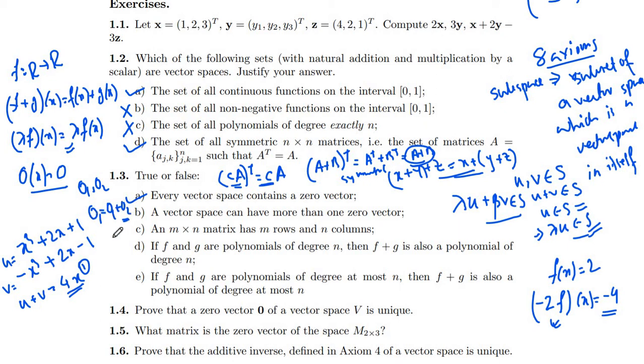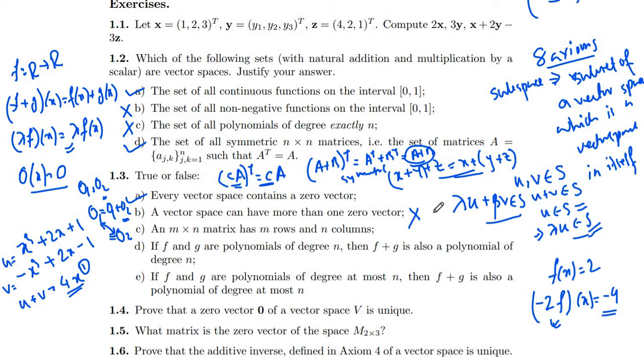It should be 0_1 only. But think about it. If I am adding 0_1 to 0_2, this is a zero, right? So 0_2 should not change. So it should be 0_2 only. So now if you see, 0_1 and 0_2 are the same. So it cannot have more than one zero vector. So this is false.